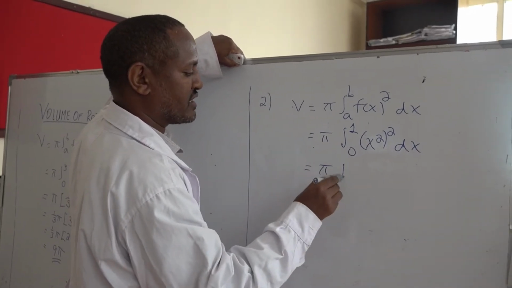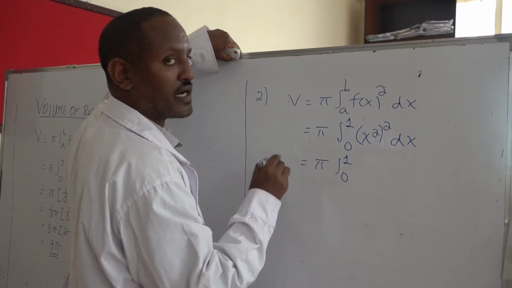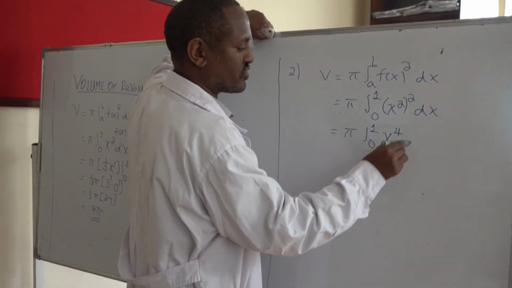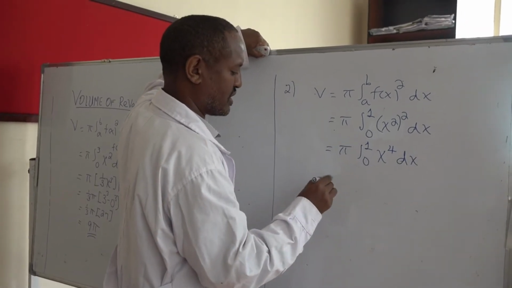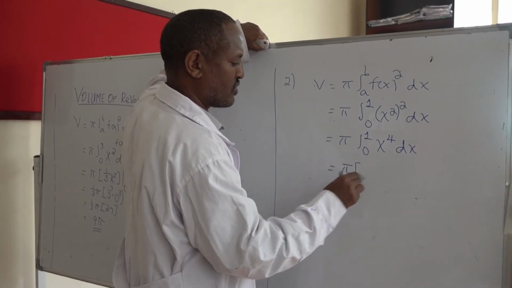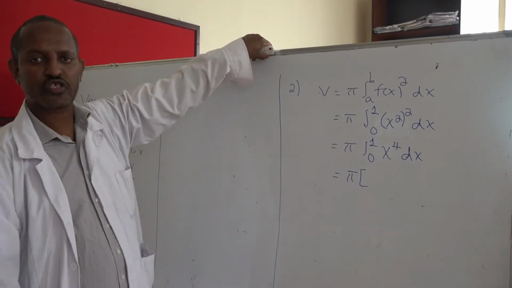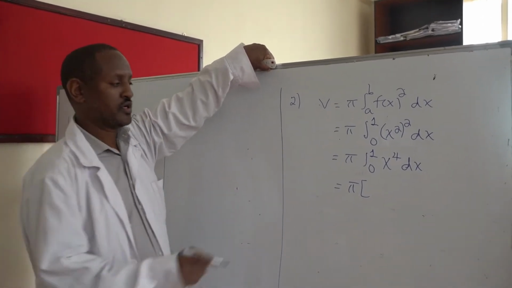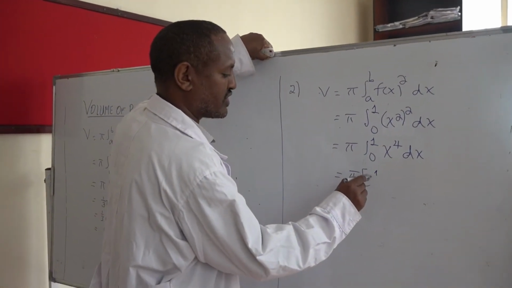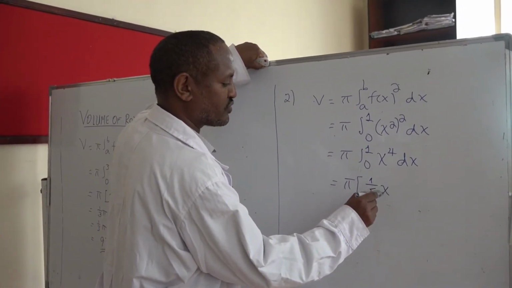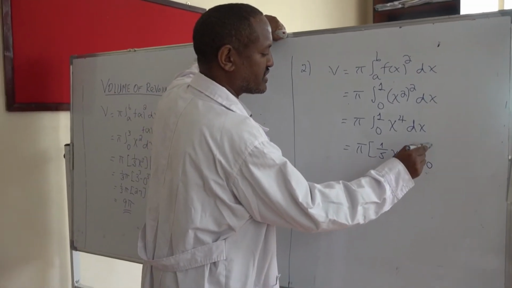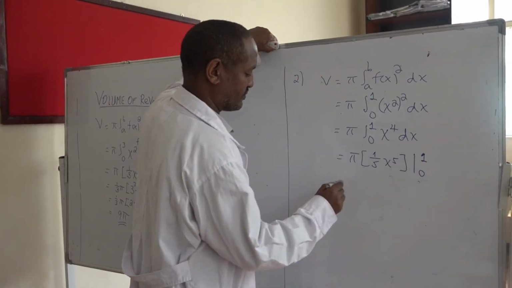Pi times the integral from 0 to 1 of x squared the whole squared, which is x power 4, dx. Now, what is the integral of x power 4? Good. I think it is 1 over 5 x power 5. Now let's evaluate this from 0 to 1.